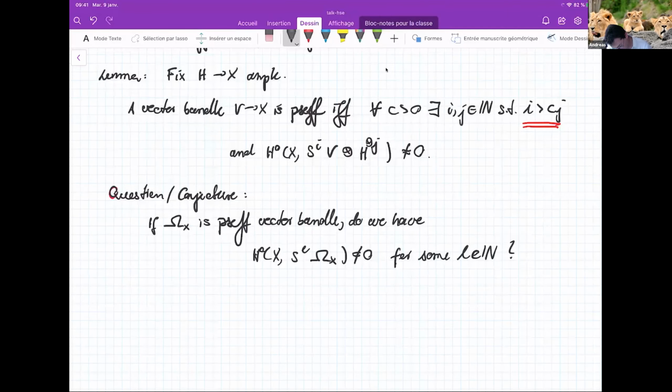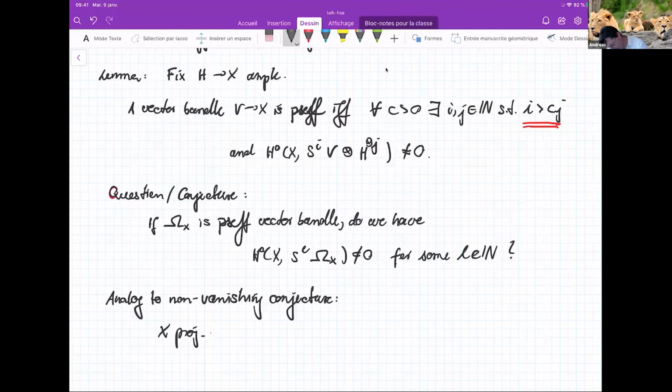It follows if you have X a projective manifold that is not uniruled, and of course we know that a projective manifold is not uniruled if and only if K_X is pseudo-effective.